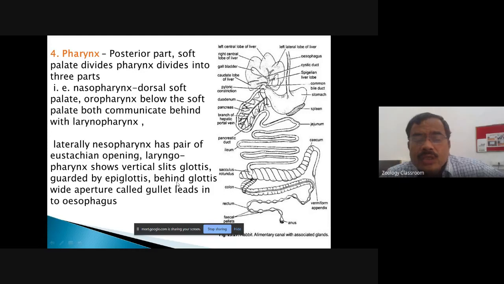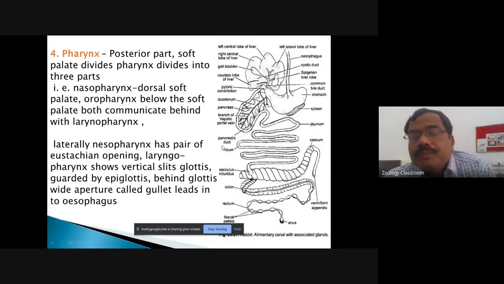Behind this glottis, a wide aperture is there. It is called the gullet. In the gullet the food enters, and from that gullet, food is further carried to the pipe, that tube known as the esophagus. Have you seen this figure?